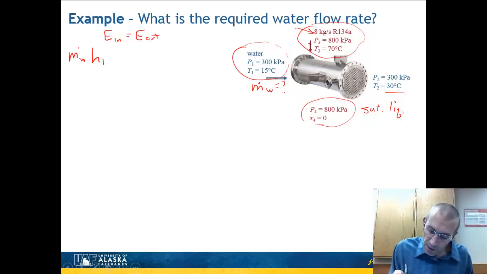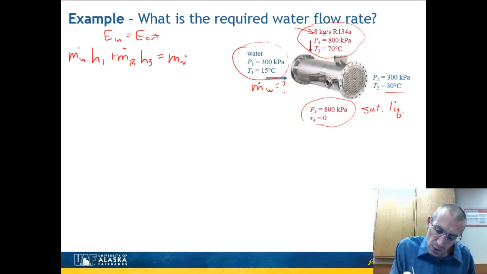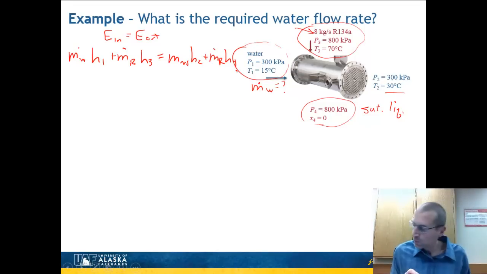And the other one coming in is my refrigerant, so that would be the mass flow rate of refrigerant, and its enthalpy is H3. That's going to equal what goes out, so my mass flow rate of water at condition 2, H2, and the mass flow rate of refrigerant times H4. So there's my energy balance.